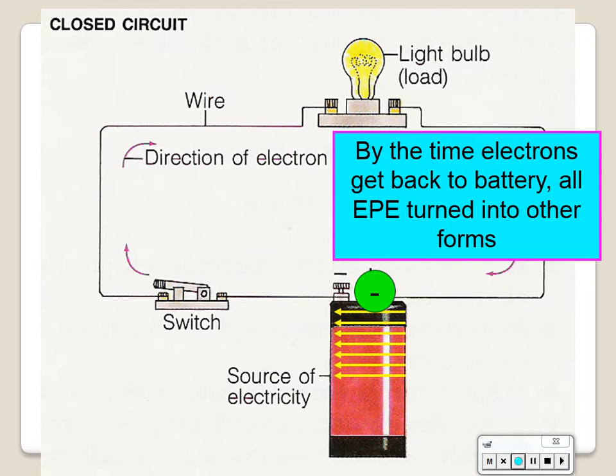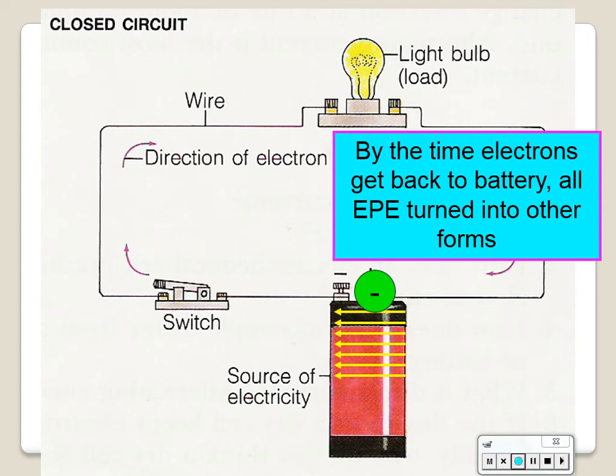By the time that electron moves through the entire circuit, all of the potential energy that it gained by moving through the battery originally has been turned either into kinetic energy of movement, or light, or heat.